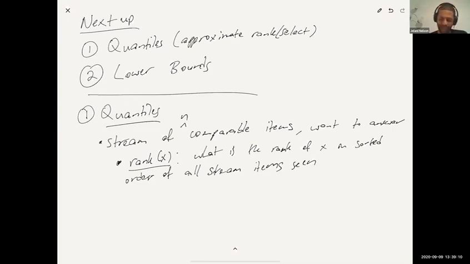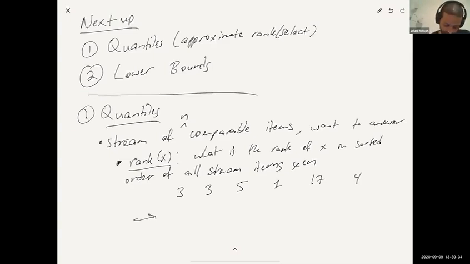So for example, our stream might not come in sorted order. Say we see 3, then 3 again, then 5, 1, 17, 4. Now imagine sorting it. Of course, we're trying to use low memory here, so we don't have room to store the whole sorted order.